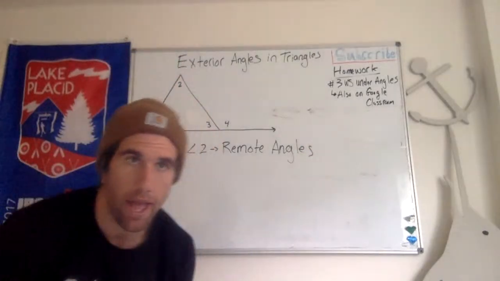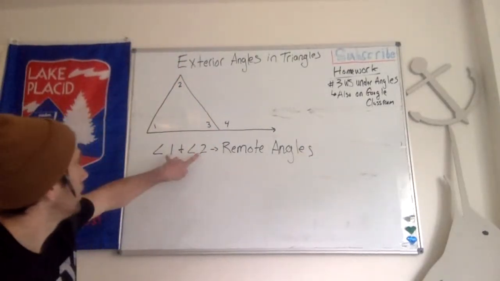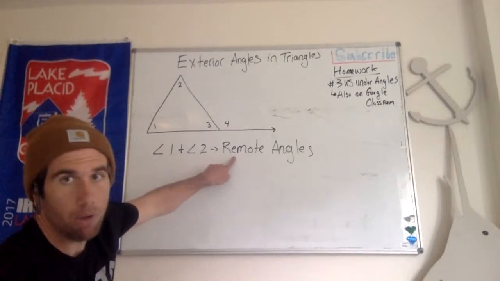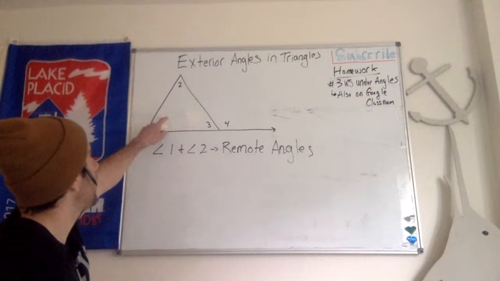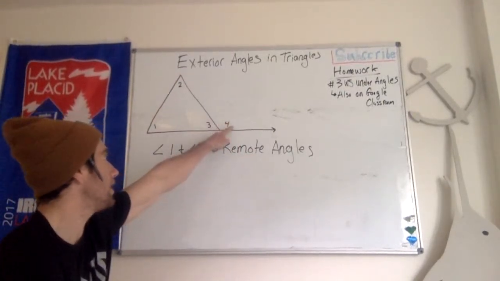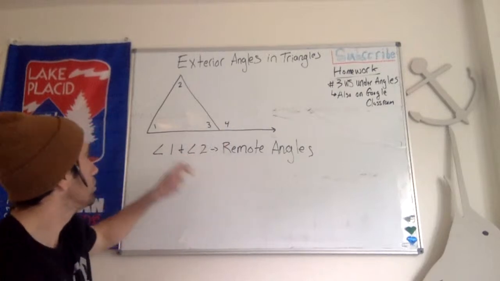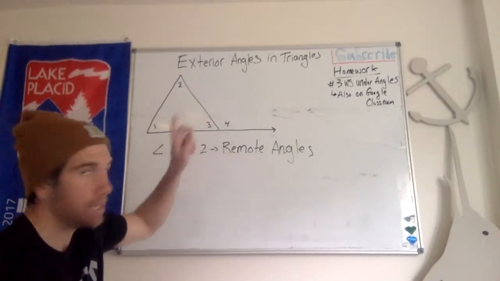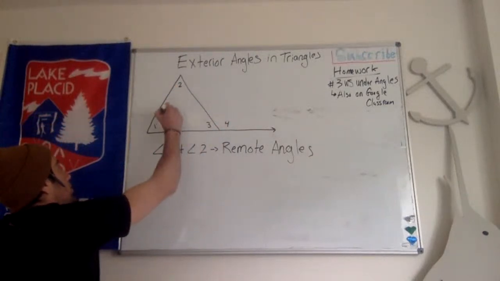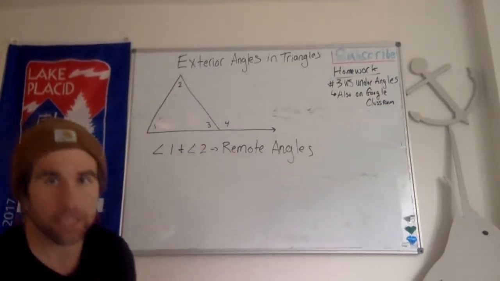And remote angles are 1 and 2. So a definition for being a remote angle means that they are not next to angle 4, the exterior angle. So 1 and 2 are remote because they are not next to angle 4, my exterior angle, okay?